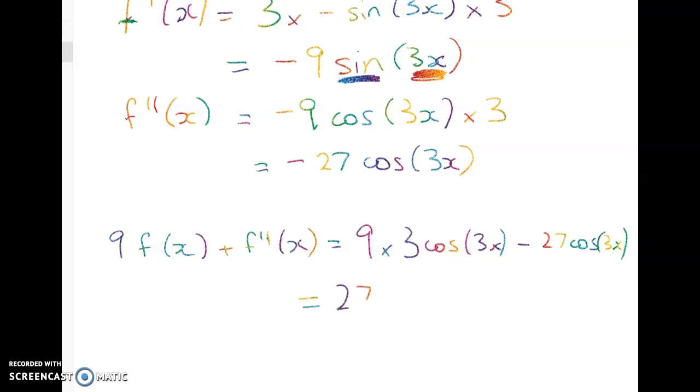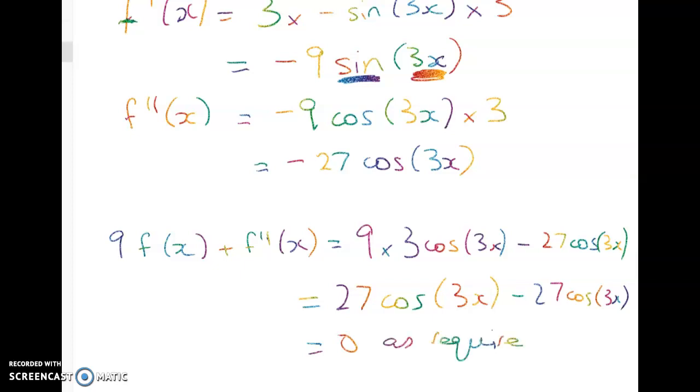And that gives me 27 cos of 3x minus 27 cos of 3x, and that's equal to 0 as required. So there you go, that's the second achieved question in question 1.